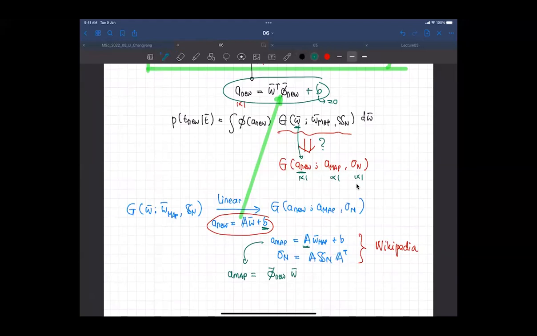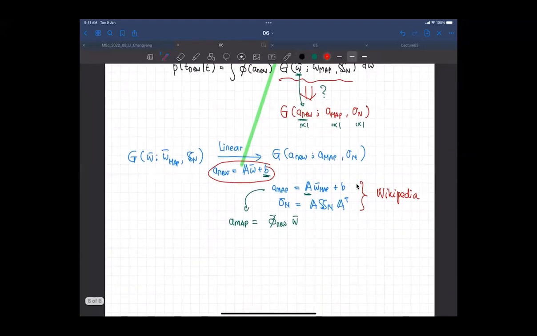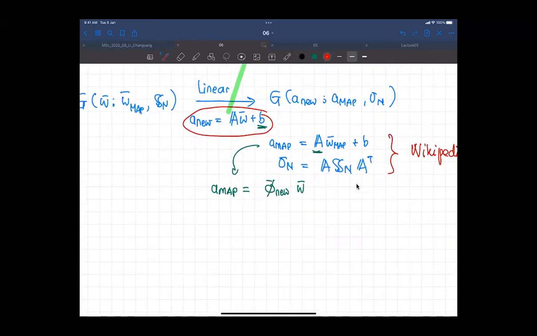But let's look at the dimensionality here to get a proper mathematical expression. What is the dimensionality of A MAP? It is 1 by 1. W bar is n by 1. Phi nu is n by 1, right? Yeah, we need to have a transpose. That's why previously we used this expression to make it 1 by 1.